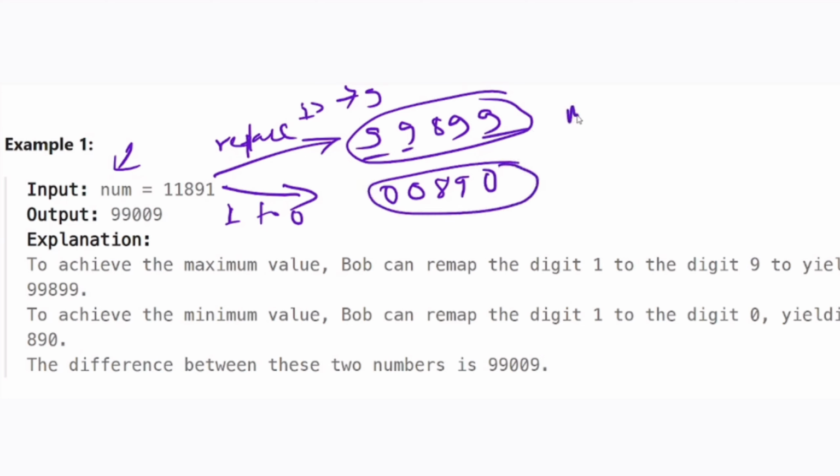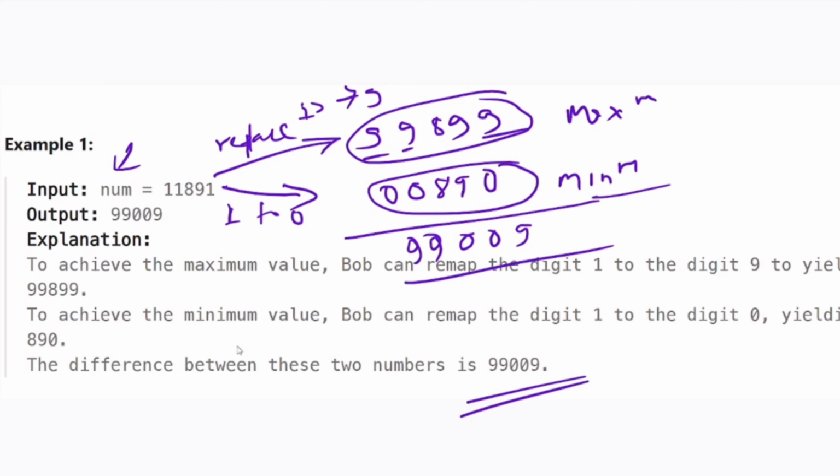So this will become your maximum value, and this will become your minimum value, right? So if we do max minus min, what will we achieve? Yeah, we'll get this, and this will become your output.